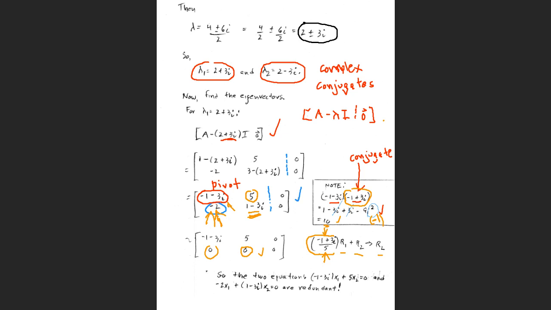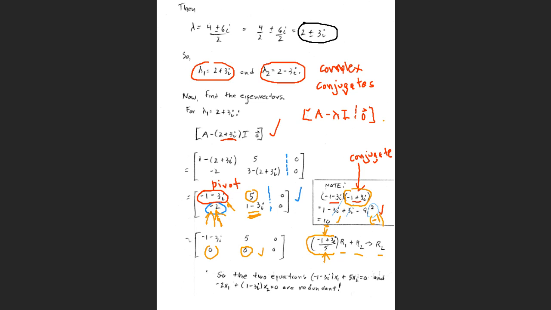And that's no accident. When you have a complex number, you know what the conjugate is. And when you have a system of 2 equations based off of a complex eigenvalue, the equations are redundant.